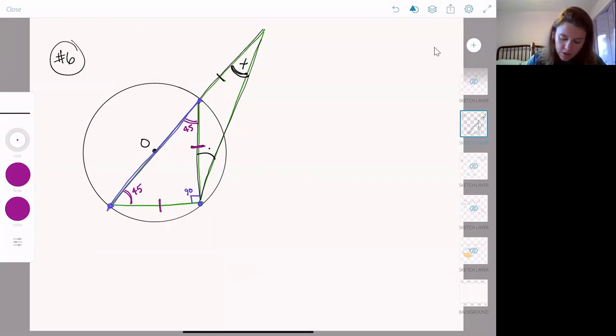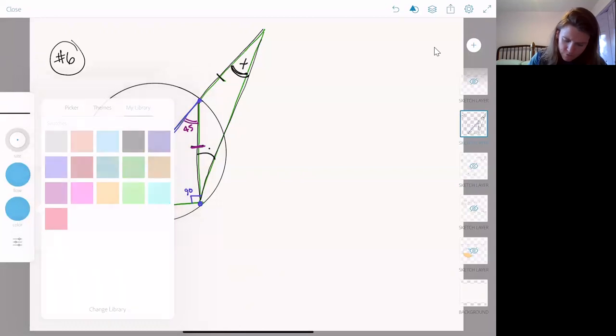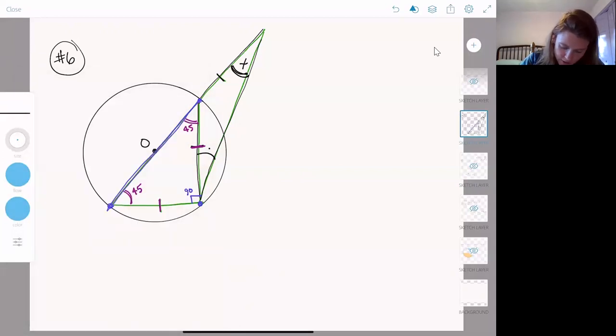And now that I look at it, let me think. Aha, so I also know that because this is a straight line, the blue and this purple angle, when I add them together, have to equal 180. So let's call that y. We're looking for whatever this value y is.